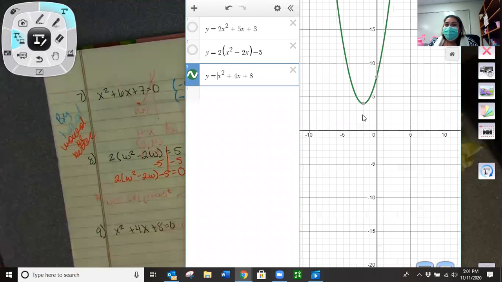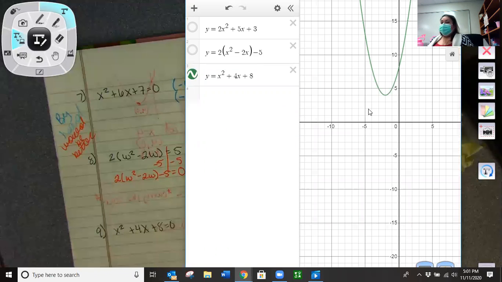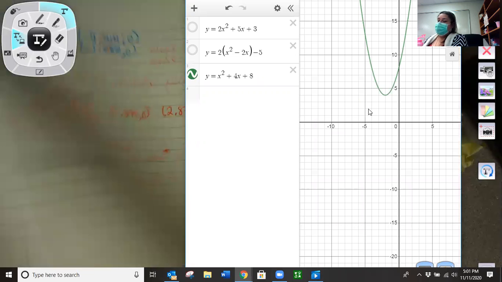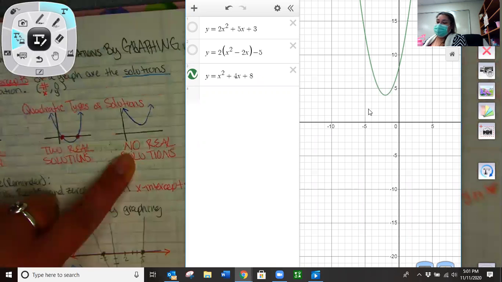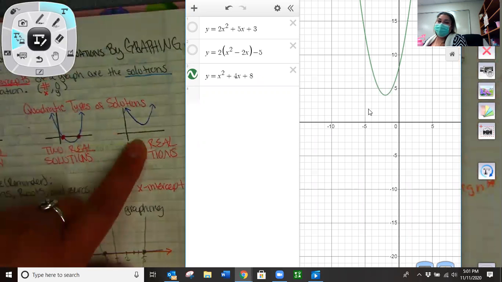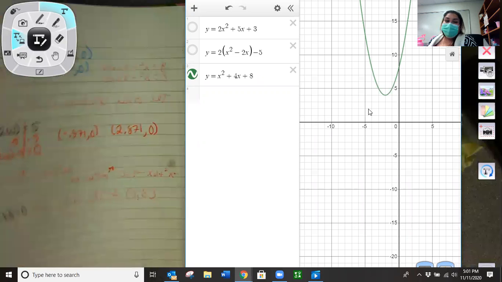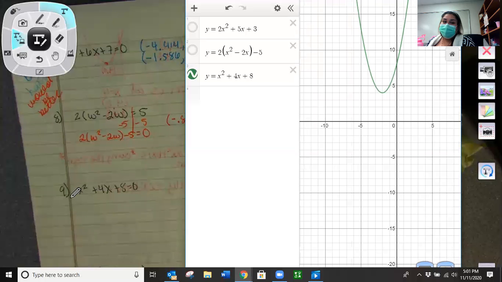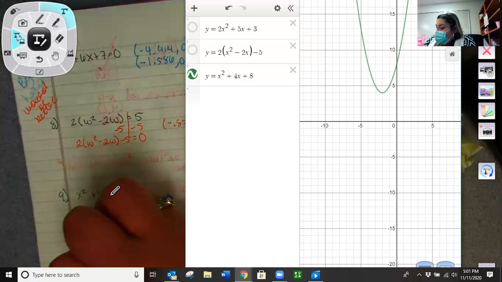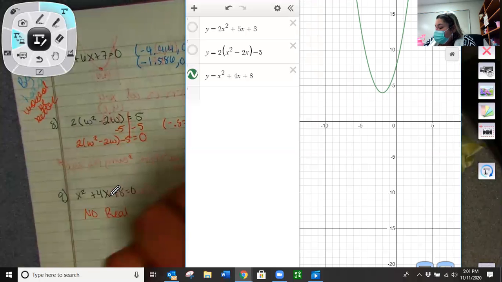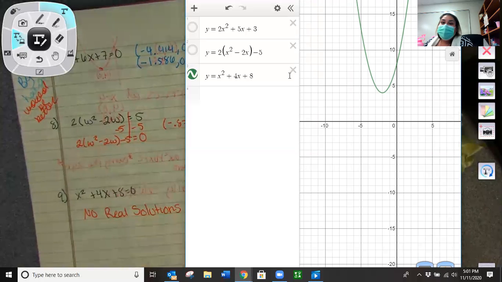Now, in the beginning of the notes, we said, right, if it's not crossing the x-axis, it's no real solution, right? So for this problem, x squared plus 4x plus 8, we have no real solutions. In algebra 1, this would be your answer and you would be done, okay?